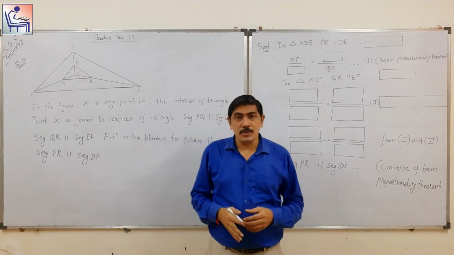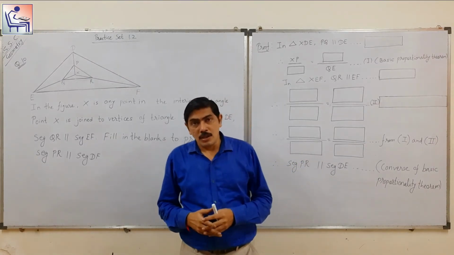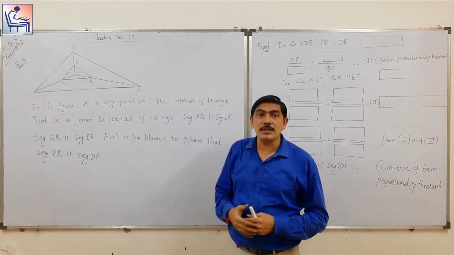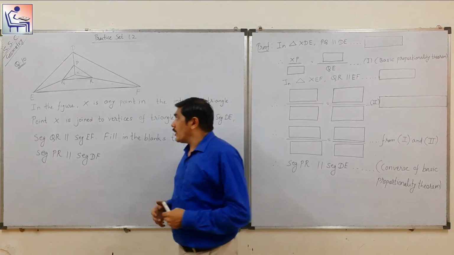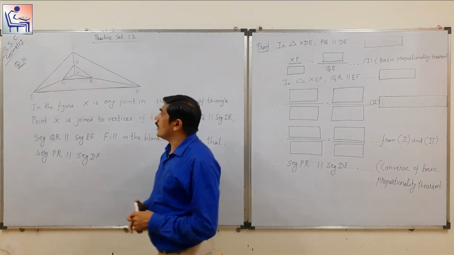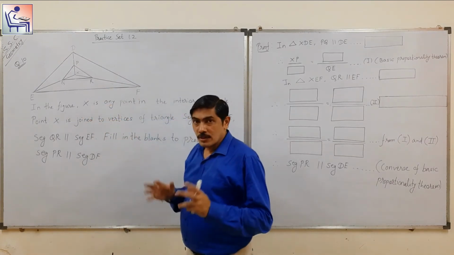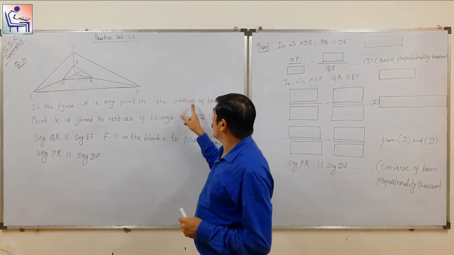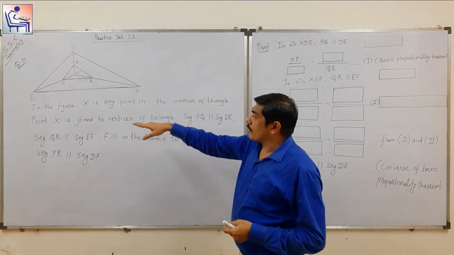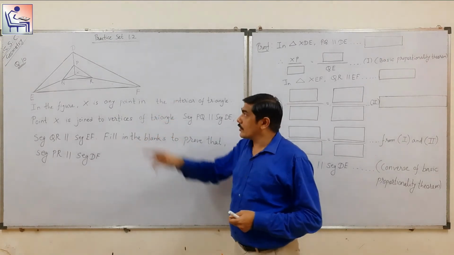Now the next sum, which is related to the basic proportionality theorem and the converse of the basic proportionality theorem, is your question number 10. Here you can see a triangle DEF is given. In the figure, X is any point in the interior of the triangle.